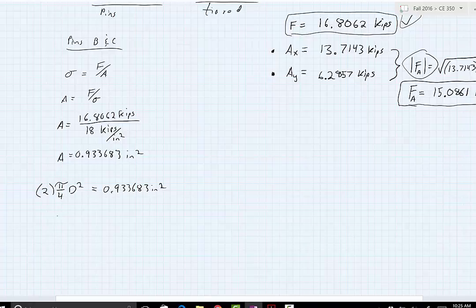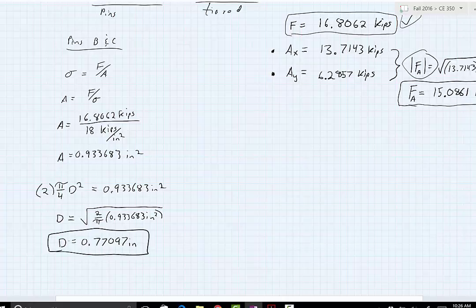What you can then solve for is diameter equals the square root of 2 over pi multiplied by 0.933683 inches squared. And I get a diameter, for both pins at B and C, of 0.77097 inches. Okay, so those are the pins at B and C.